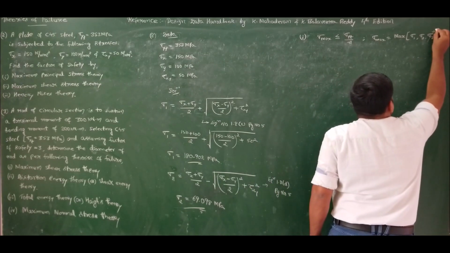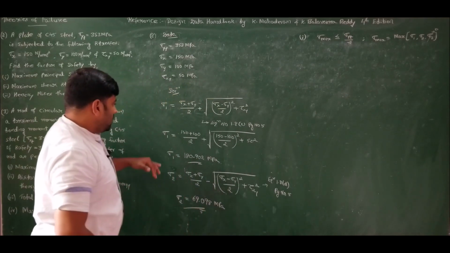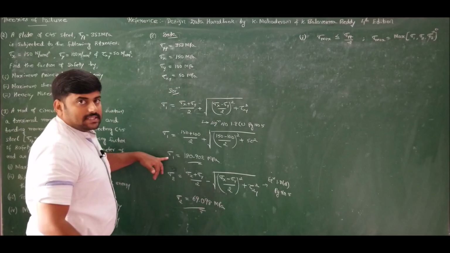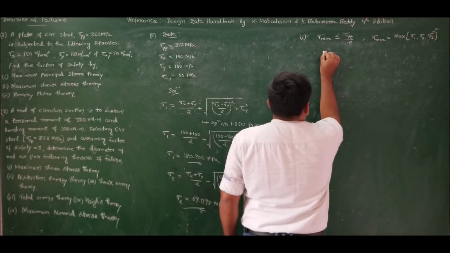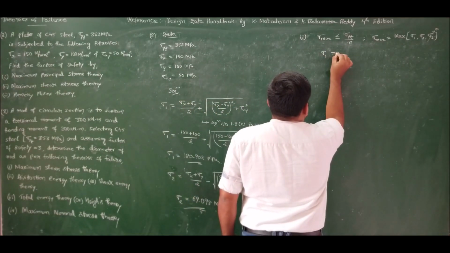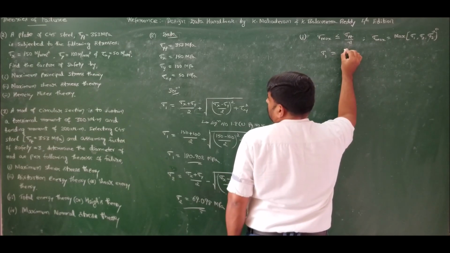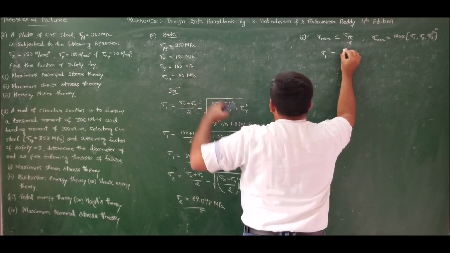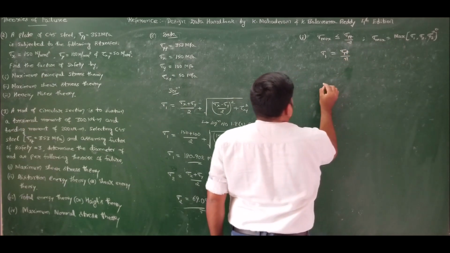Here sigma 3 is 0, so if I observe the maximum of sigma 1 and sigma 2, sigma 1 is maximum, so sigma max is nothing but sigma 1. The yield stress in tension is 353, so sigma 1 equals 353 by n.